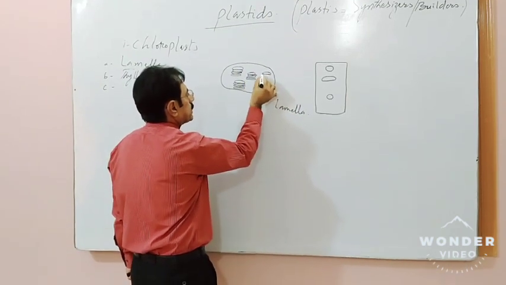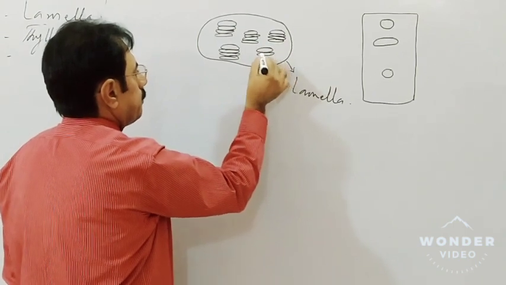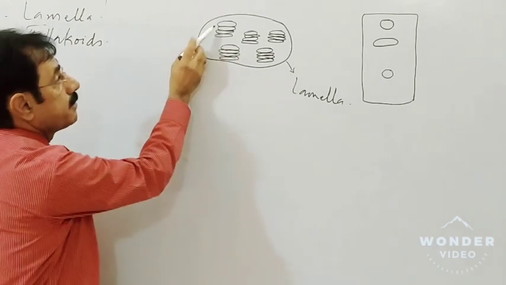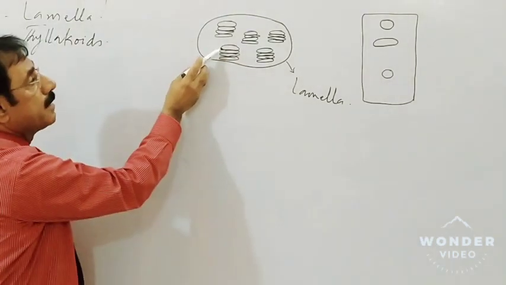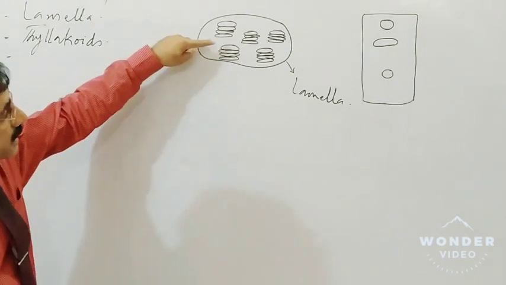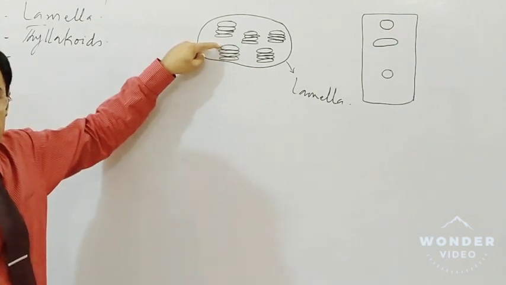What is the difference between granum and the thylakoid? Granum is a cluster of the thylakoids. Each single flattened sac-like structure is called a thylakoid.